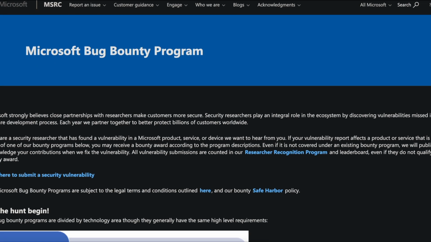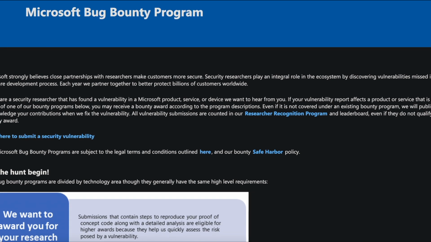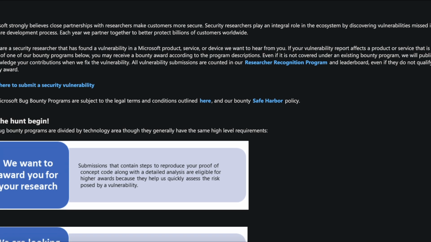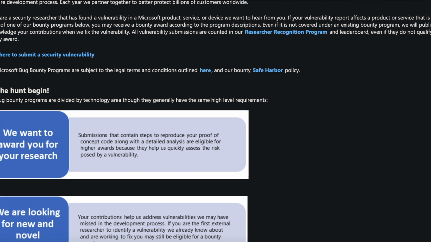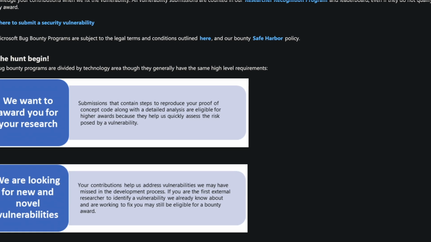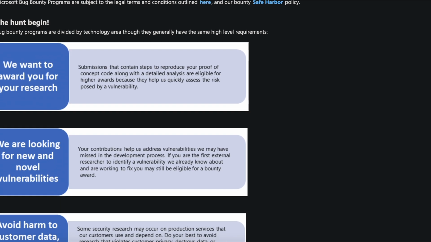Companies are constantly looking to make their applications work better and to make them more secure. One of the ways they do this is by providing bug bounties, which they can pay in money or in other forms. They will have competitions where many companies come together and say, who can find bugs in our applications?